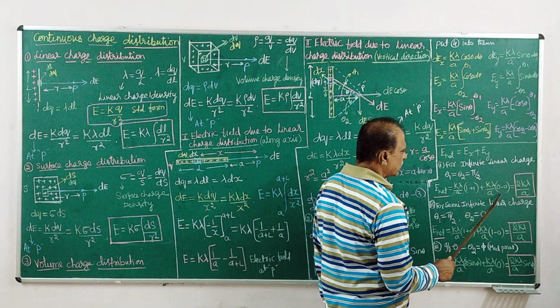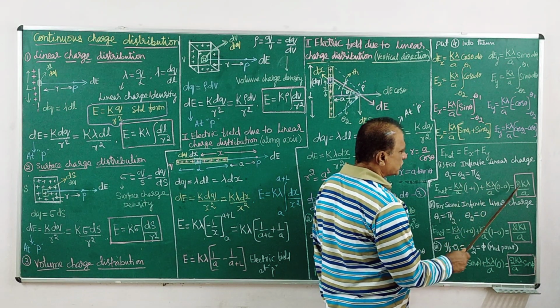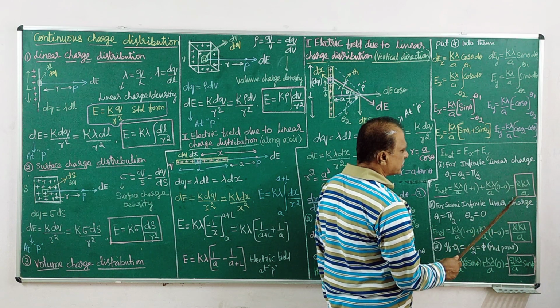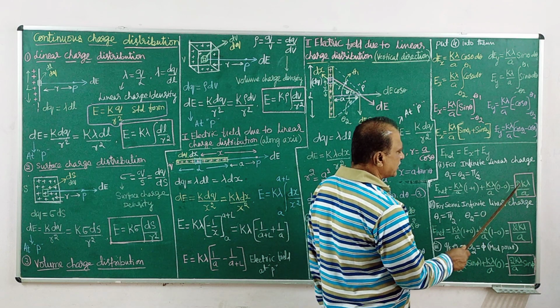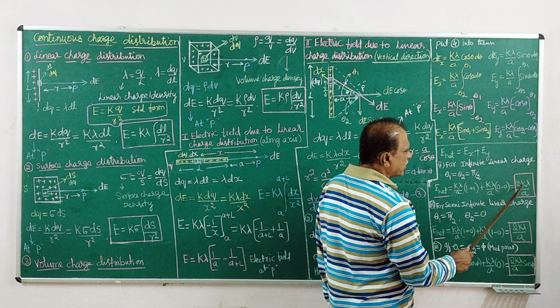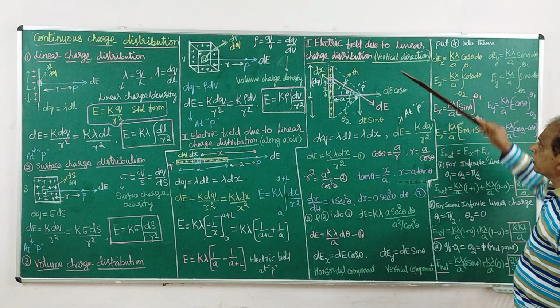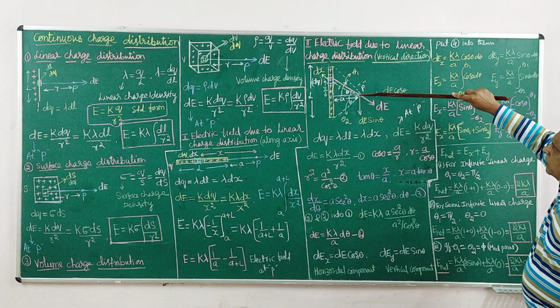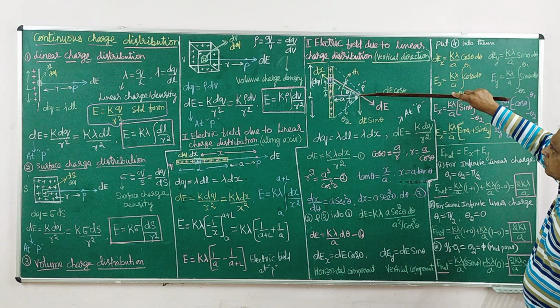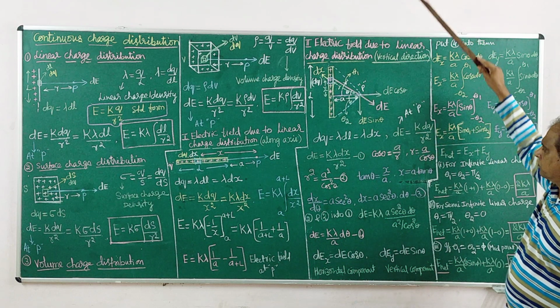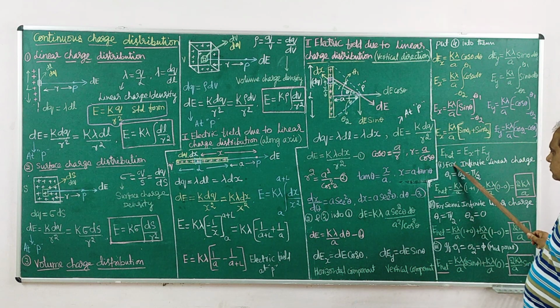This becomes 0, and the first term remains, 2k lambda by a. That is the expression, very simple. 2k lambda by a is the net electric field at this point if the linear charge is infinite in length.